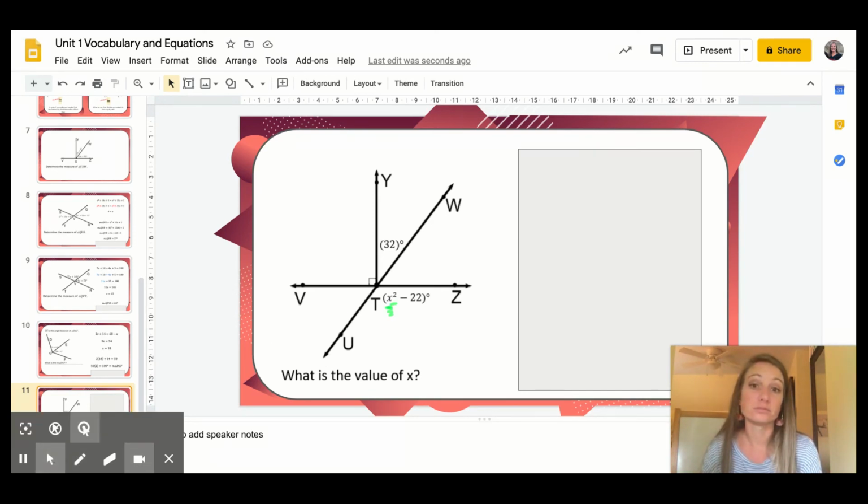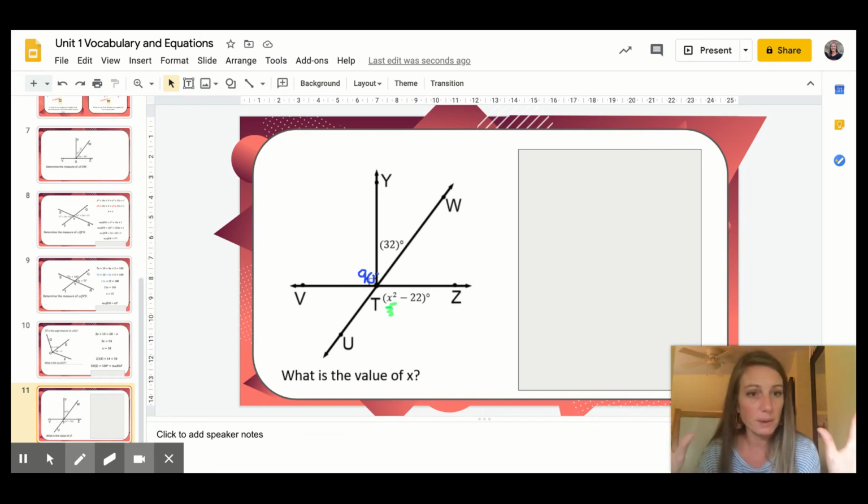I need to somehow relate the numbers I have and what I know. I know that this here is a 90-degree angle. It has that little right angle mark, but you might not necessarily think that in your head. I like to draw all over my pictures.